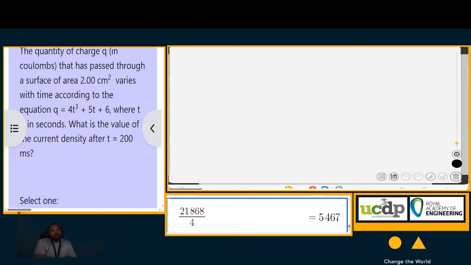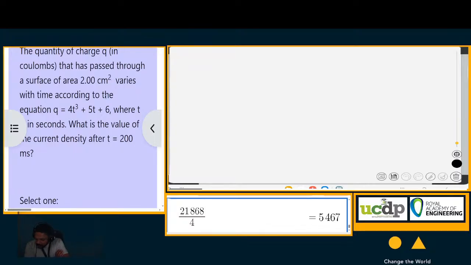The problem says the quantity of charge Q in coulombs that has passed through a surface of area 2 square centimeters varies with time according to the equation Q. This is the same as we've done in the first section. Now they ask us what is the value of the current density after t equals 200 milliseconds.